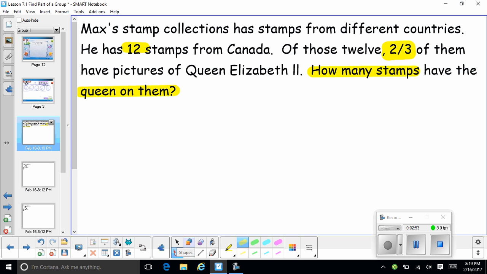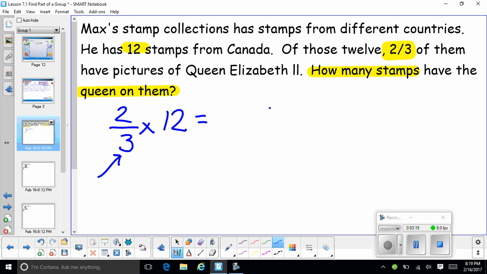So I'm going to use the same strategy that I used before. My total is 12, but I want to take a look at my denominator. So let's set up my question. My denominator tells me how many groups. In this case, I'm going to use an array.